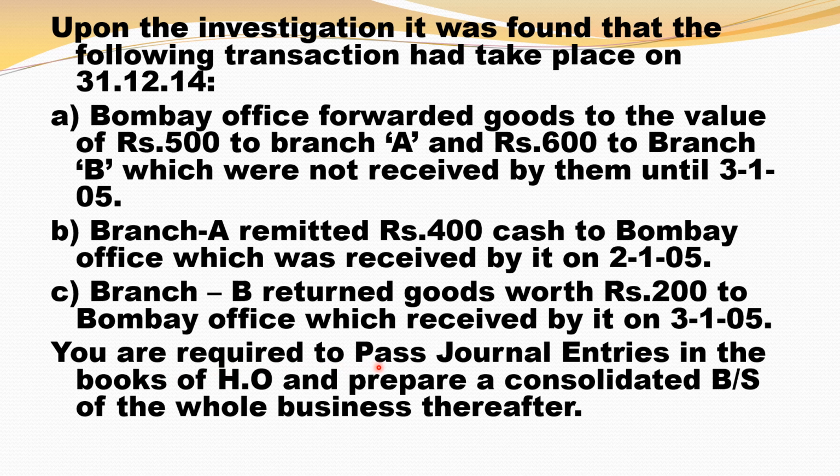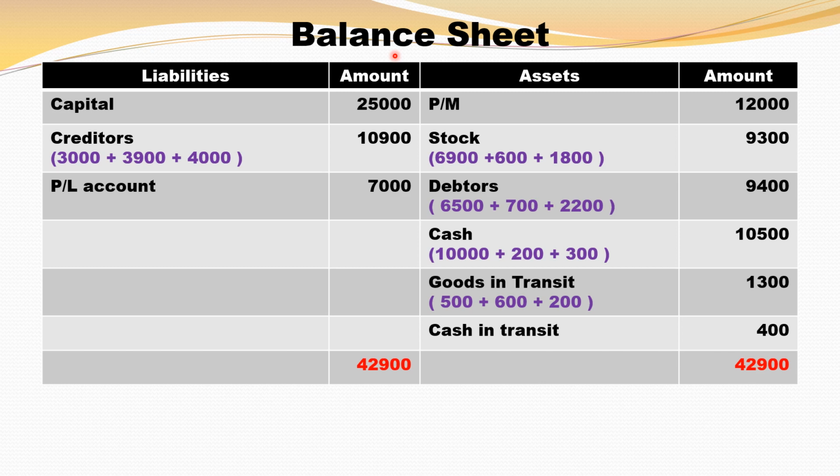You are required to pass journal entries in the books of head office and prepare a consolidated balance sheet of the whole business thereafter. So this is the consolidated balance sheet, students. Capital 25,000. Creditors of head office, creditors of branch A plus creditors of branch B. Then P&L account as it appears in the balance sheet of head office.